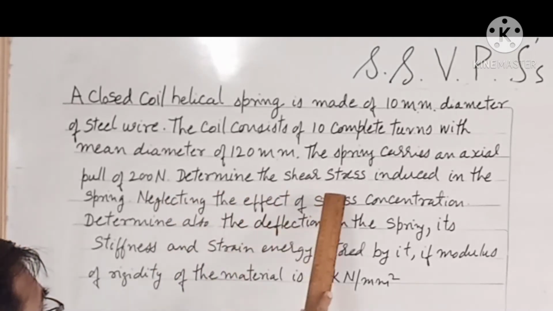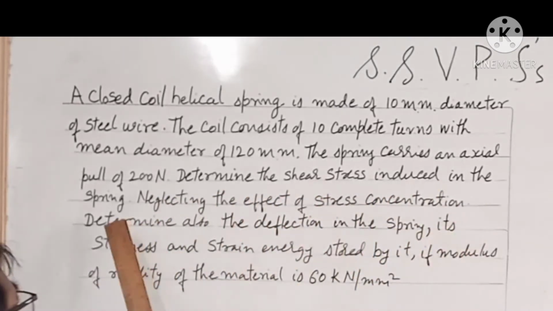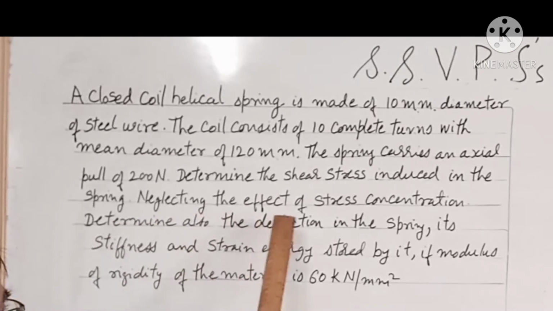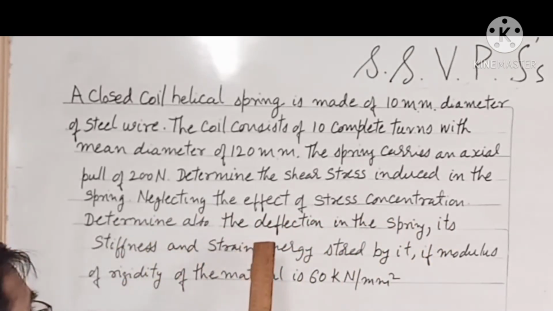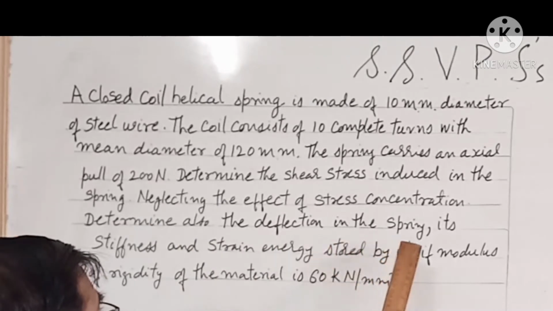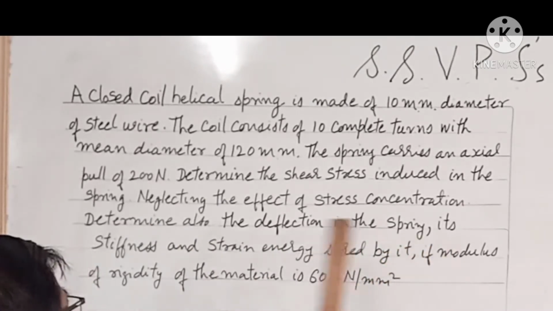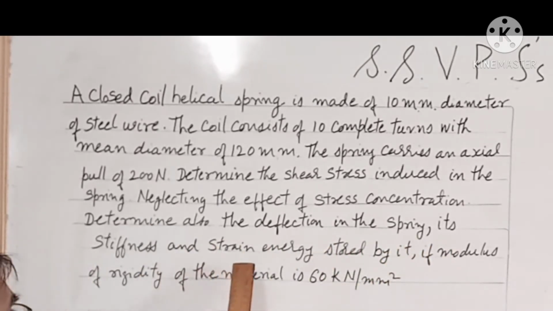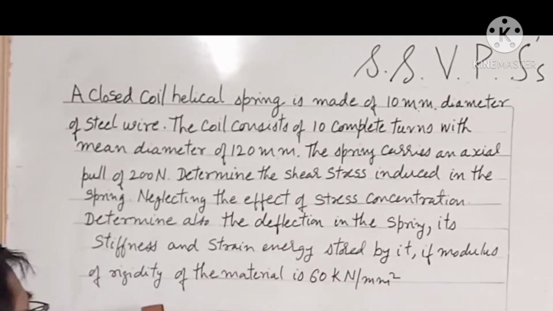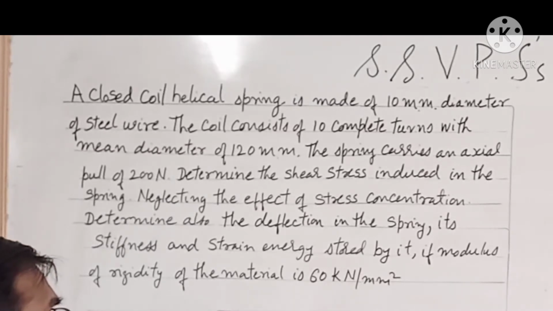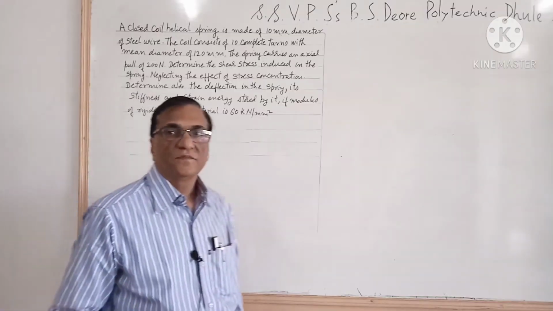Determine the shear stress induced in the spring. Neglecting the effect of stress concentration, determine also the deflection in the spring, its stiffness and the strain energy stored by it. The modulus of rigidity of the material is 60 kN per millimeter square.